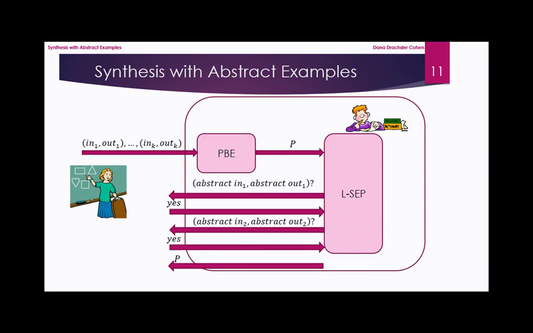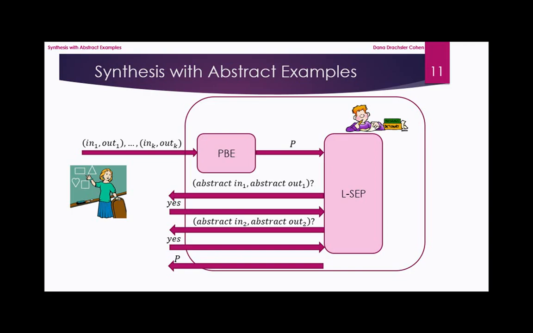What will happen if the teacher says yes? Let's say that this time these two abstract examples combined cover the entire input space. At this point, we can tell safely that this program behaved exactly as the teacher wanted. Namely, the teacher has validated the program through the abstract membership query without even inspecting the low-level code.